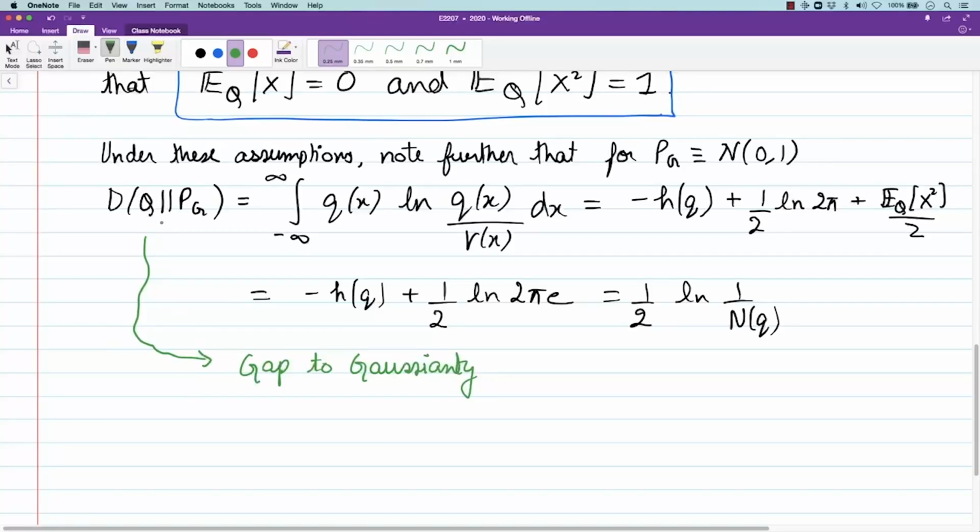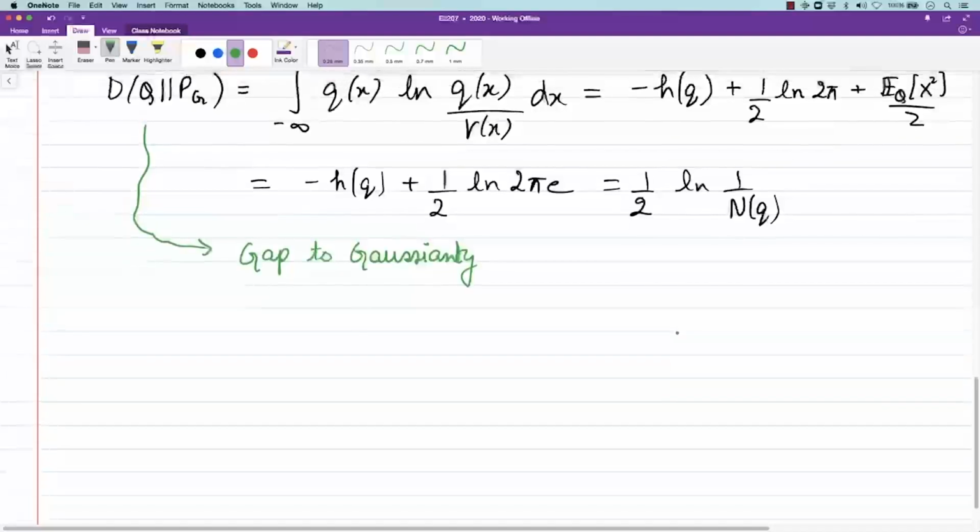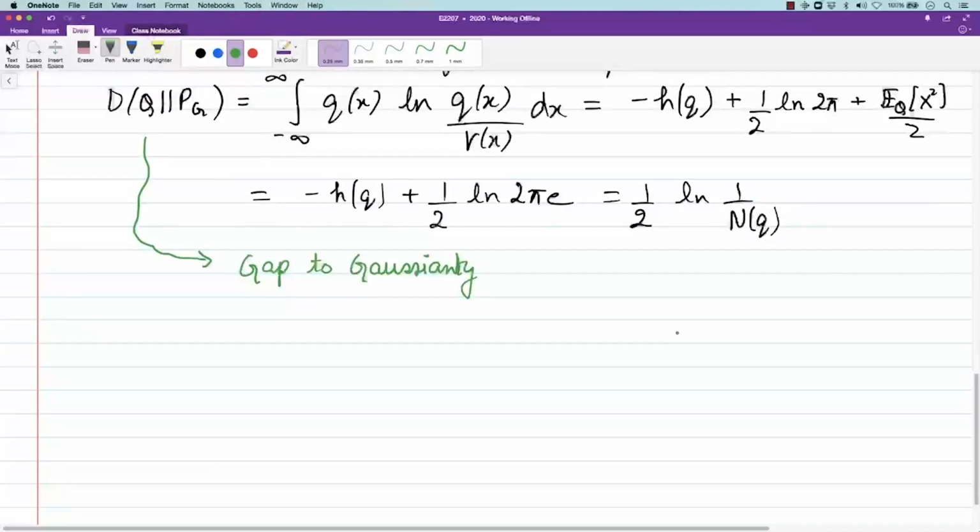We want to figure out how far it is from a Gaussian distribution with the same mean and variance as Q. And one way to measure the distance is divergence between Q and PG. And this divergence is exactly what we use to define entropy power. Entropy power is 2 to the power minus 2 times this divergence. That's what entropy power is. So gap to Gaussianity is related to entropy power.